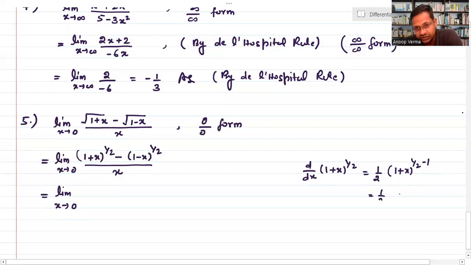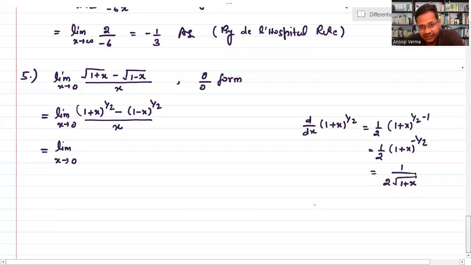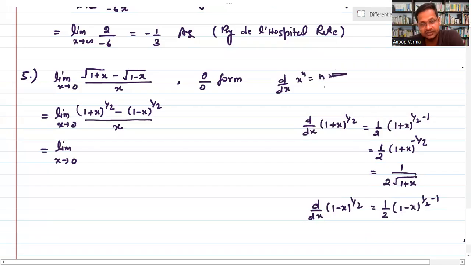So it will be (1 plus x) power minus 1 by 2, or simply 1 upon 2 root of 1 plus x. Similarly, the derivative of (1 minus x) power 1 by 2 will be 1 by 2 and (1 minus x) power 1 by 2 minus 1. This is the formula, d by dx of x power n is equal to n x power n minus 1.